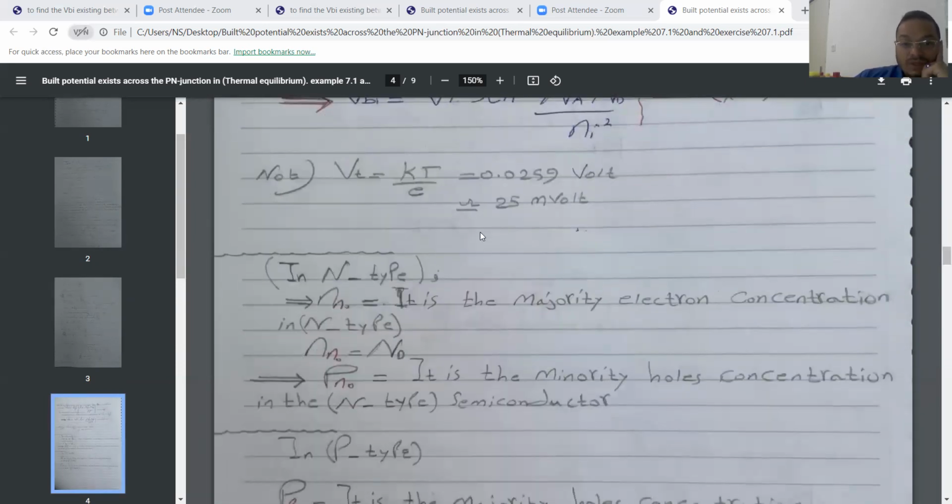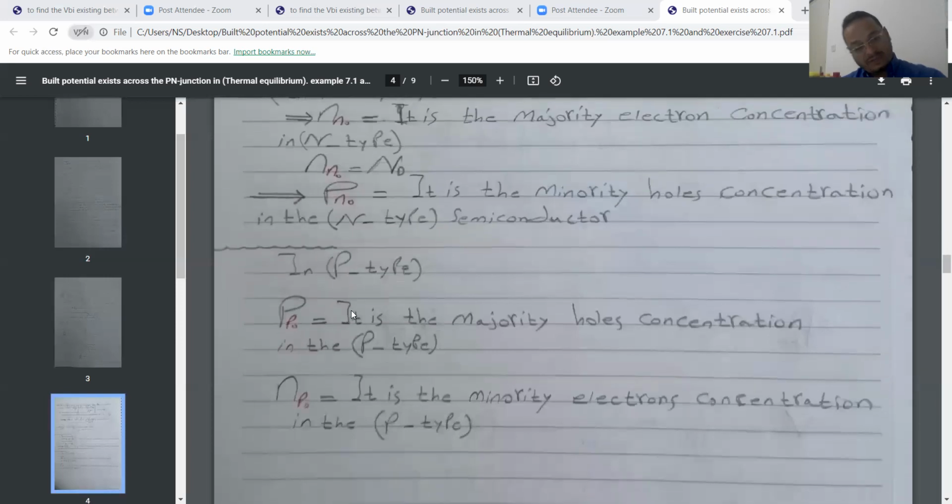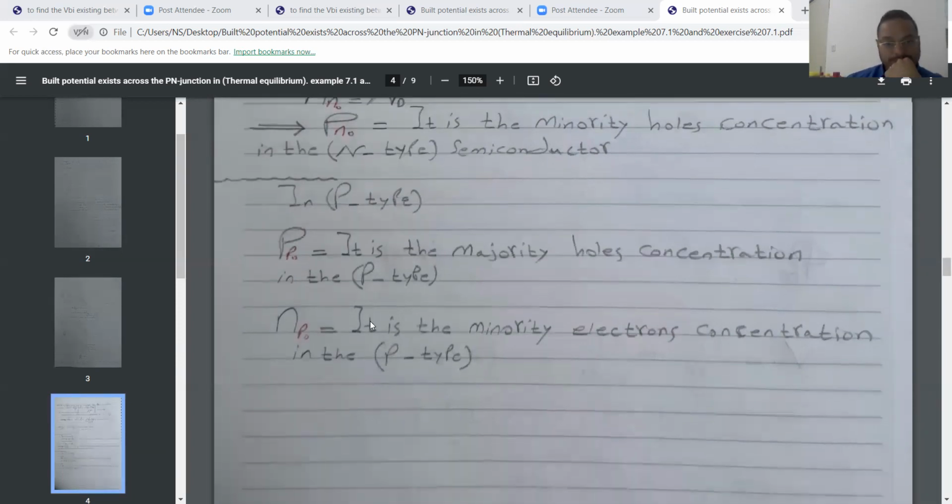And n_n0 is the majority electron concentration in the n-type. When we see n-type, that means n_n0 equals donor concentration, and p_n0 is the minority hole concentration in the n-type. The same thing with p-type: p_p0 is the majority hole concentration in the p-type, and n_p0 is the minority carrier electron concentration in the p-type.